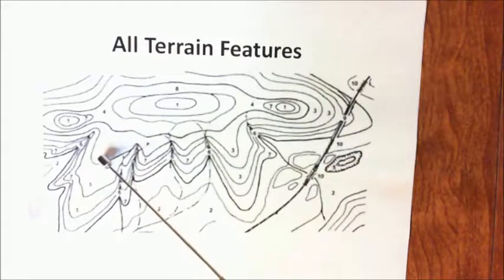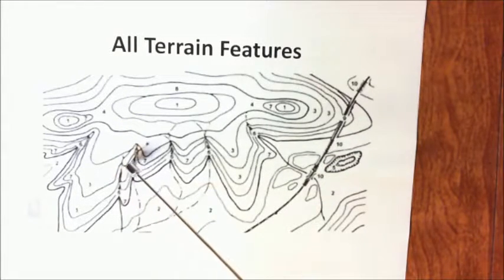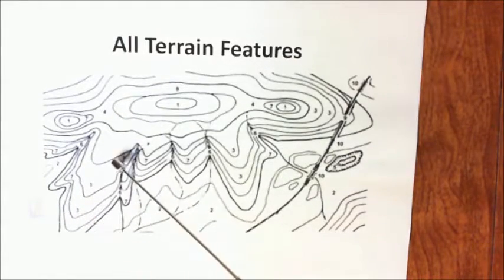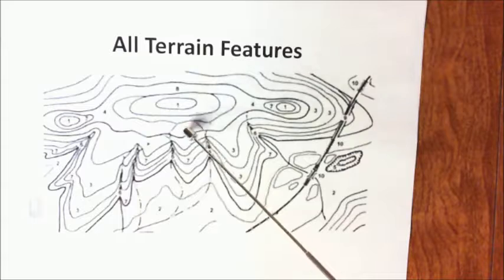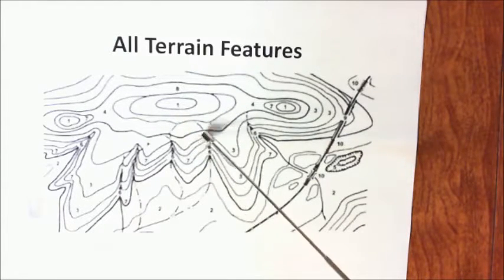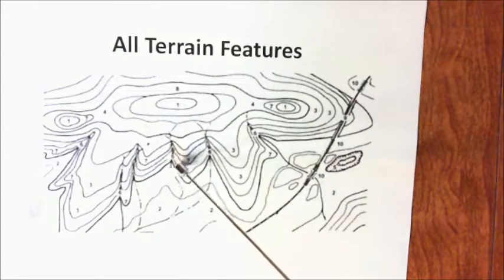Without this ground above, you wouldn't have the ground below, the ground below being the draw. So what's this area here? It sticks out. That's your spur. Notice the spur points towards lower ground. The draw points towards higher ground.